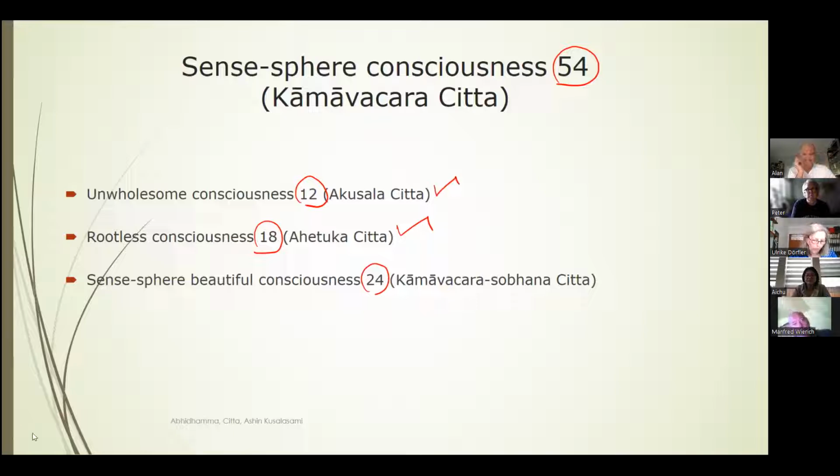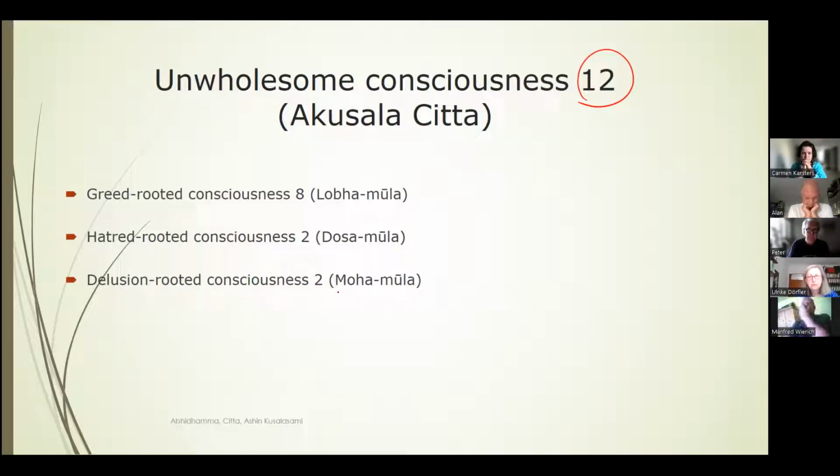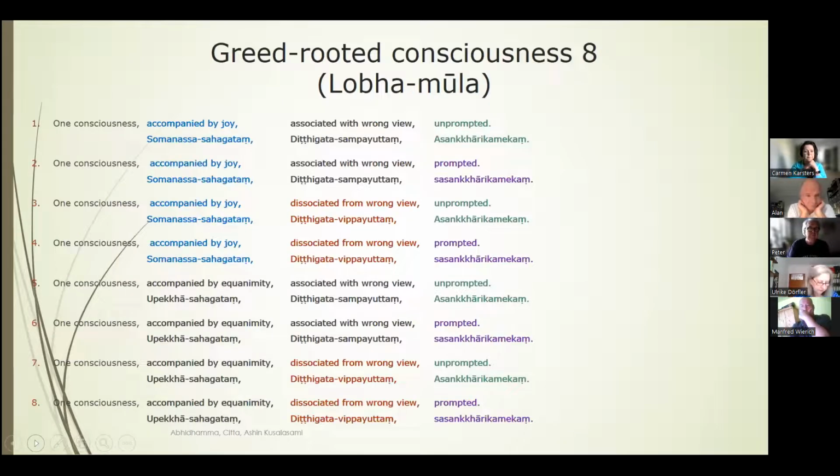Let us see these 12 that we have already discussed. Out of these 12 unwholesome consciousness, Akusala Citta, there are 3 categories again: 8 greed-rooted consciousness, in Pali Lobha Mula, 2 hatred-rooted consciousness, Dosa Mula, and 2 delusion-rooted consciousness, Moha Mula. If you want to remember the 8 greed-rooted consciousness easily, you have to divide into 3 parts.